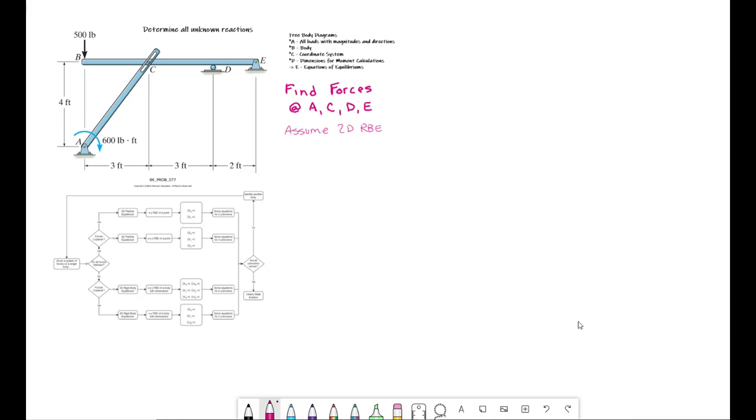I'm going to start with, typically with frames, we're going to start with a free body diagram of the entire object. Because I'm working on a screen, I have the opportunity to trace the body. Then I can select that and drag it over here.